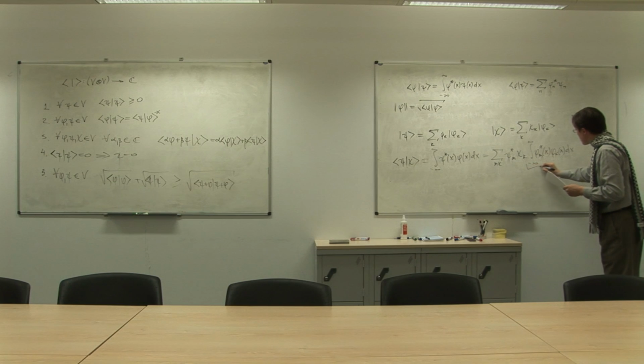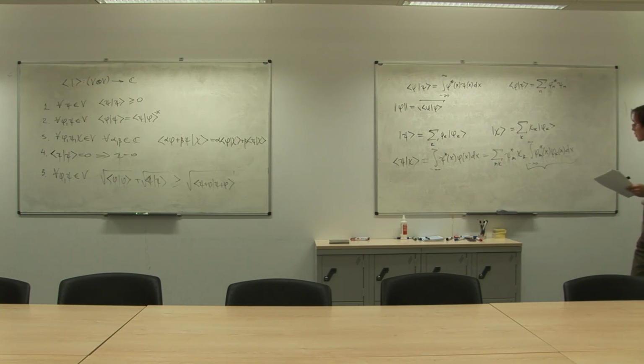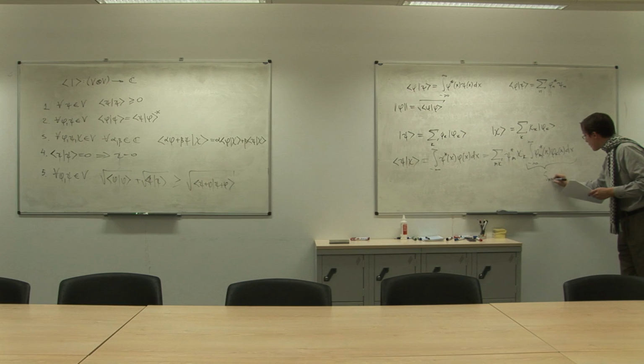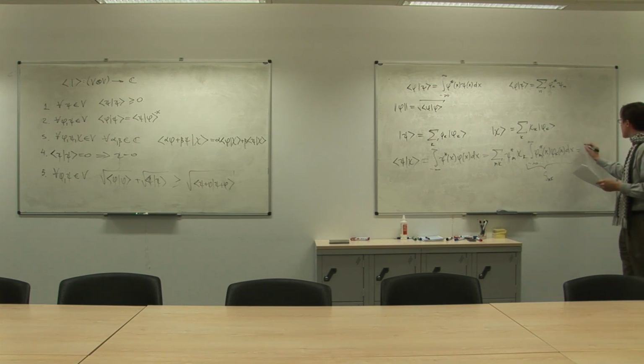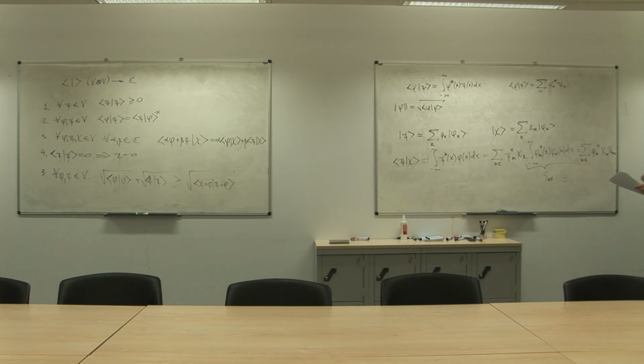Well, because we have imposed the orthonormality condition, this is delta_mk. So what we then have is a sum over m, k, psi_m star chi_k delta_mk, and delta is only non-zero when m equals k, so we have a sum eventually over k, psi_k star chi_k, and that is in fact equal to the definition here.